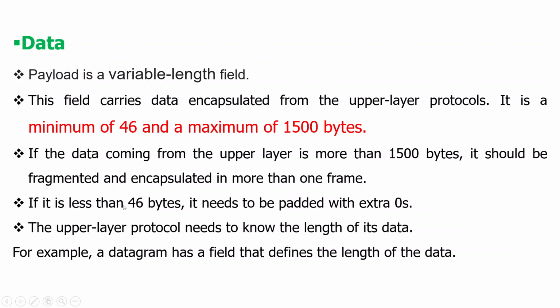If the data is less than 46 bytes, then it needs to be padded with extra bits, zeros. If the data is more than the maximum bytes, then it will be separated into more than one frame.